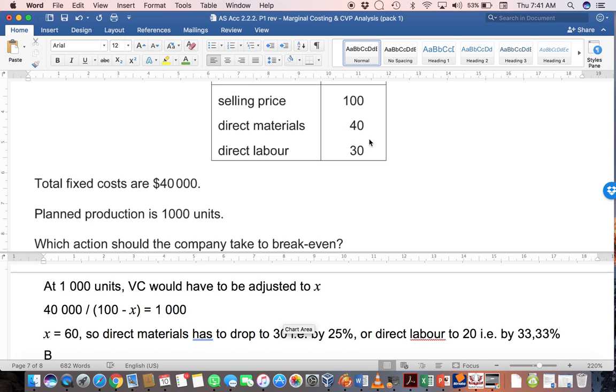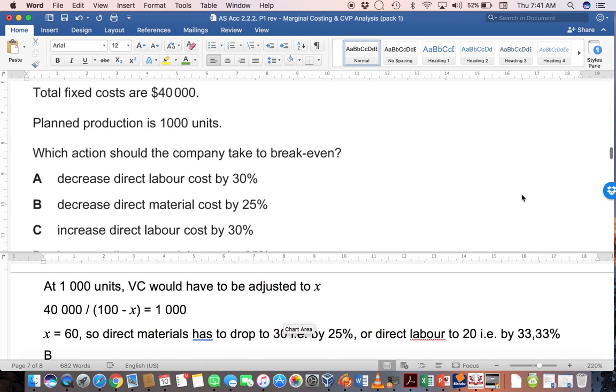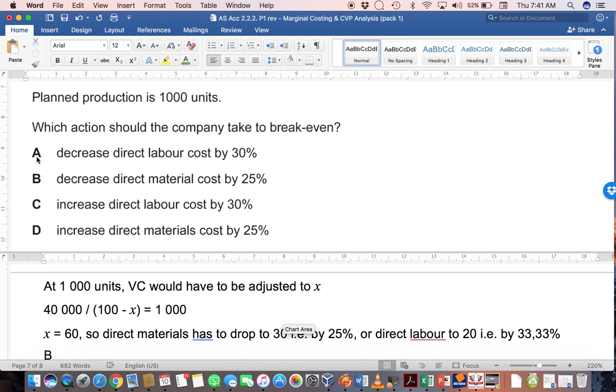That means that the direct materials and the direct labor together need to equal 60, and at the moment they are 70. That means that either you need to drop your direct materials from 40 to 30, in other words by 10, which is 25% of this, or you need to drop your direct labor from 30 to 20, in other words by a third, or 33.33%.